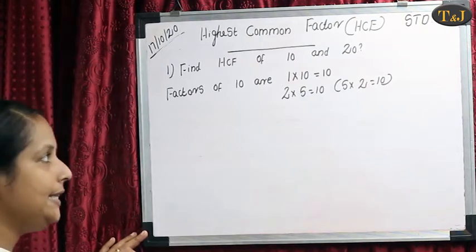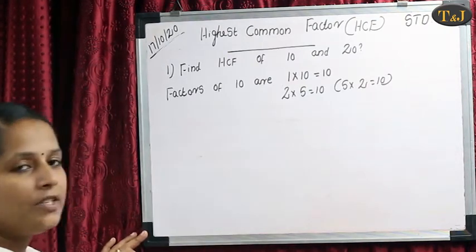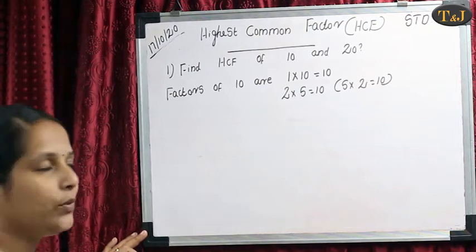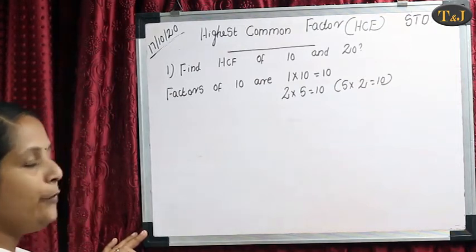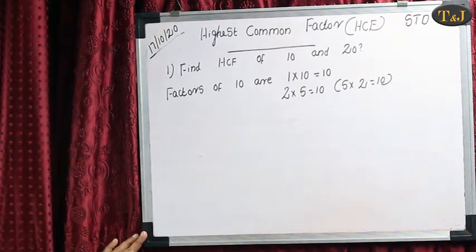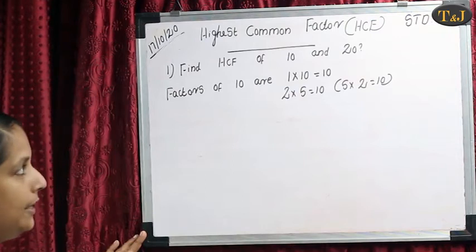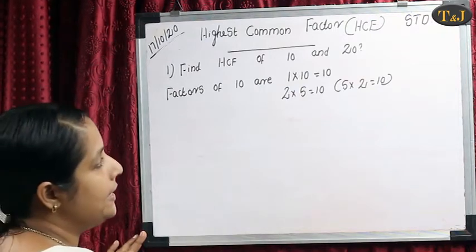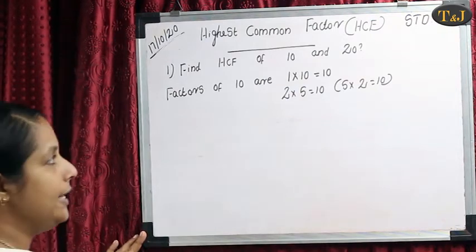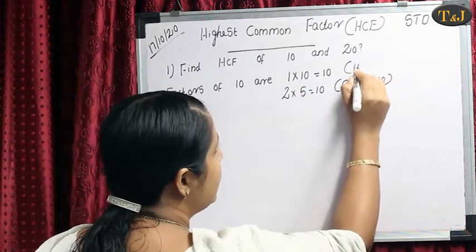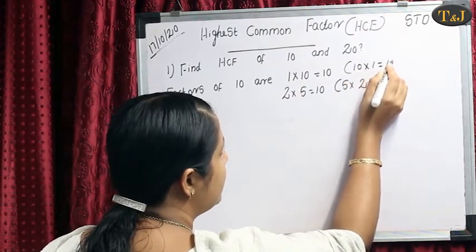There is no 10 in 3's table. Then in 4's table, 4 2s are 8 and 4 3s are 12, so there is no 10 in 4's table. Then in 5's table, we have already written 5 2s are 10. In the 6, 7, 8 and 9 tables there is no 10. In 10's table we have already written 1 multiplied by 10 and 10 multiplied by 1 equals 10.